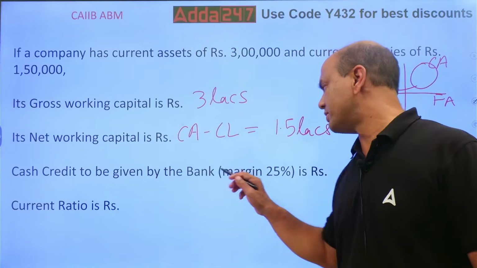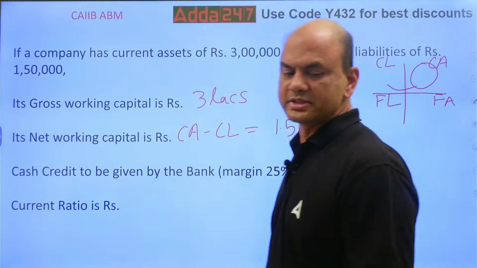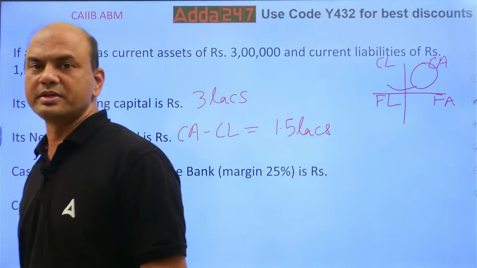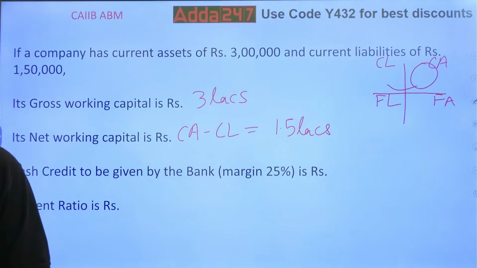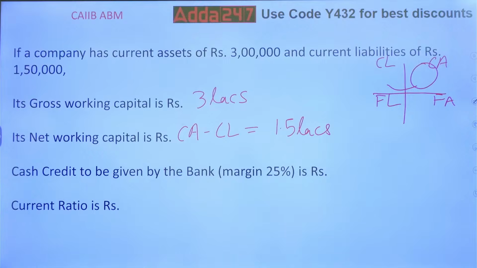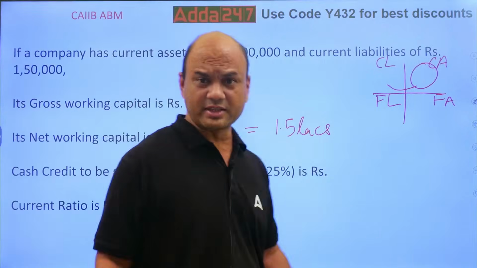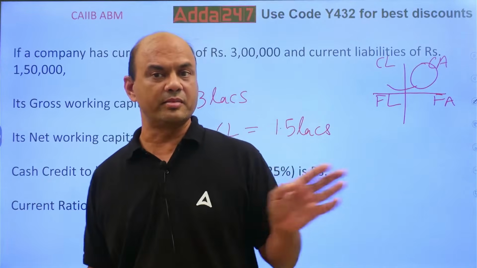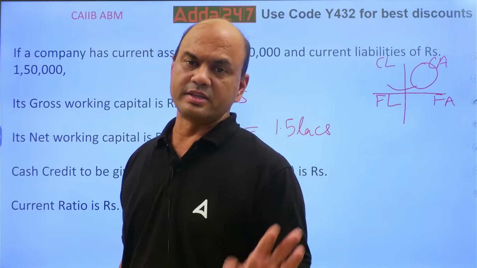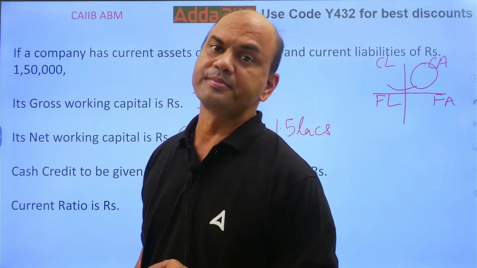Cash credit to be given by the bank, margin of 25%, how much CC will be given by the bank to the customer with the margin of 25%? How is CC given? On what basis is CC given? In general there can be various rules. There is the Tandon committee, there is the Naik committee, there are various methods. There is also a separate rule for services.